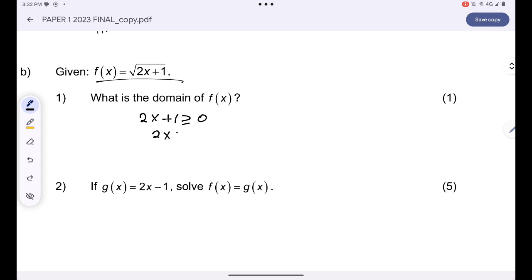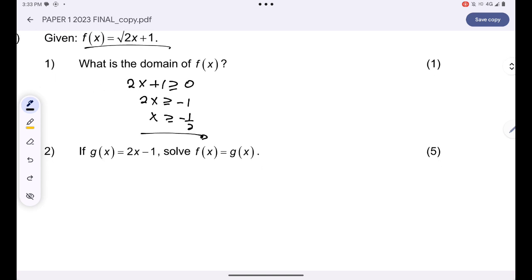Therefore, 2x is greater or equal to negative 1, and x is greater or equal to negative half. So this is my domain. I can leave it like this, or I can say x is an element of negative half to infinity.